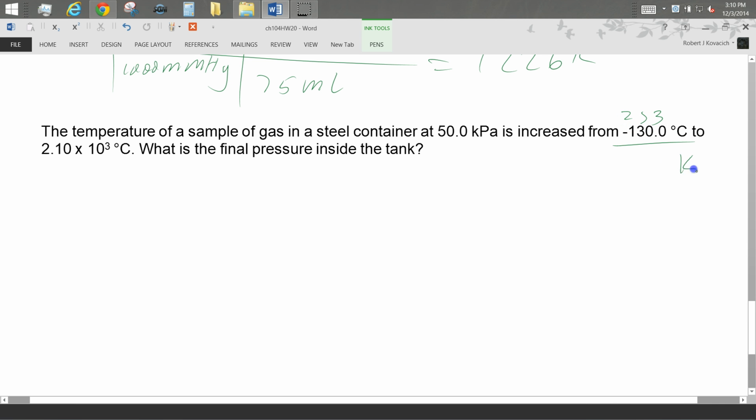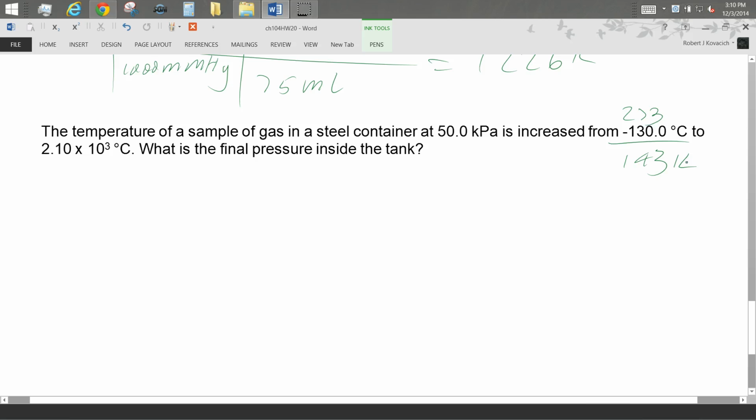So this is going to be a Kelvin value of what? 143. There we go. 143 K. Excellent.